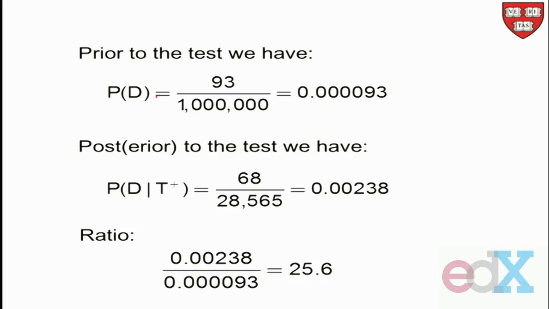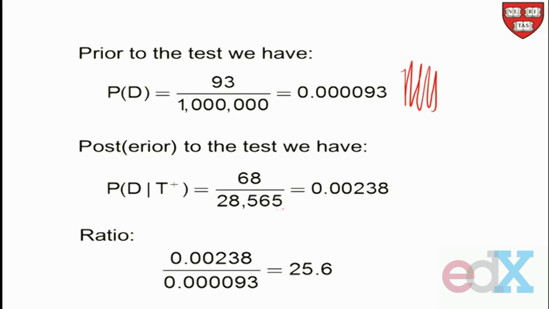And the correct perspective to view this in is take a look at prior to the test. What did we have prior to the test? Prior to the test, we had 93 per million. So we have this haystack out there, and the probability of finding a needle in there is 0.000093. It's 93 per million.